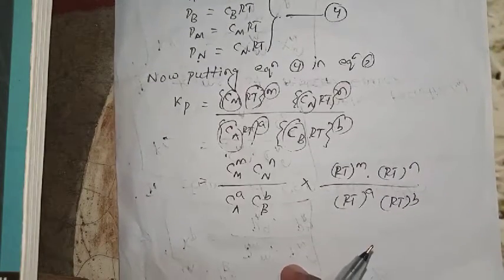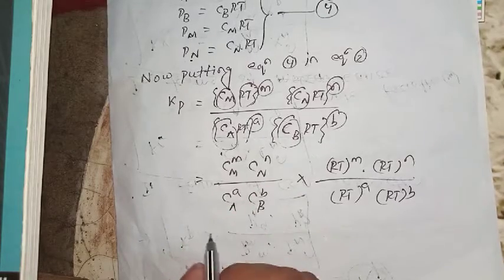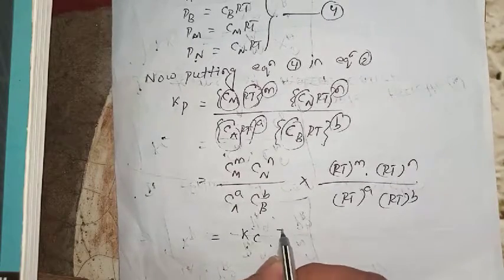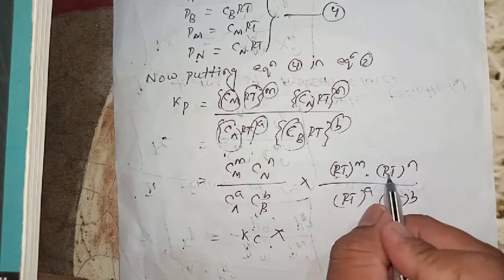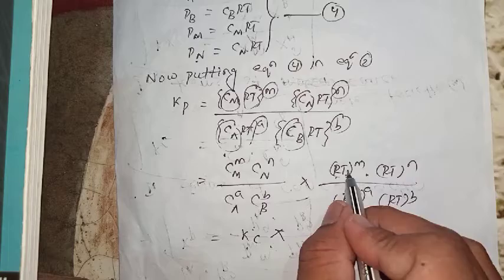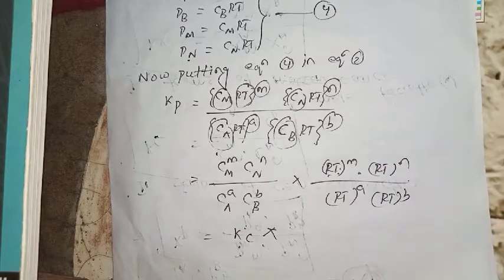We know CM to the power m, CN to the power n, divided by CA to the power a into CB to the power b, is equal to Kc. Now Kc into RT, where powers with the same base add, so the numerator gives RT to the power m plus n, and dividing gives RT to the power m plus n minus a minus b.